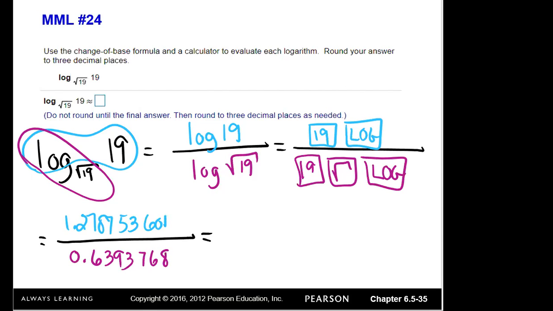And then I typed those numbers in and did the division in between. And that gave me 2 and there was like a gazillion zeros after that. And it's still to 3 decimal places. And so 1, 2, here's the 3rd decimal place. The next number is a 0.